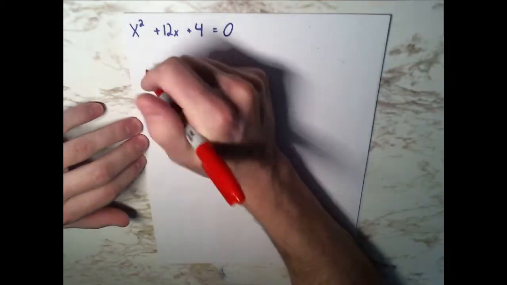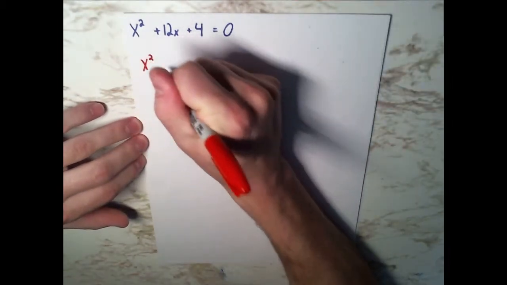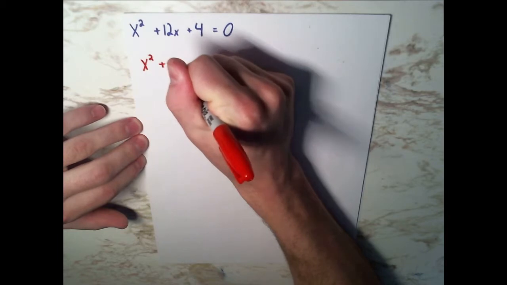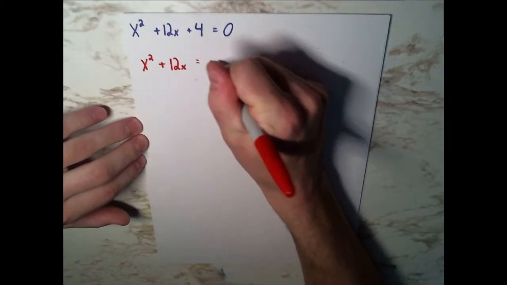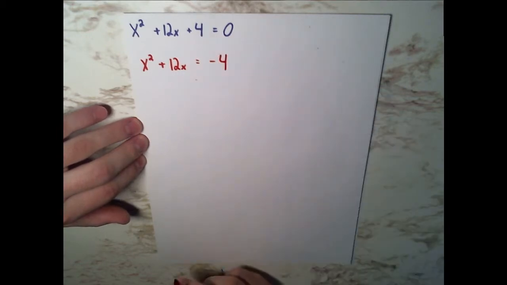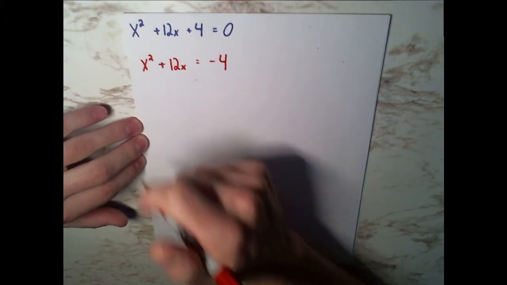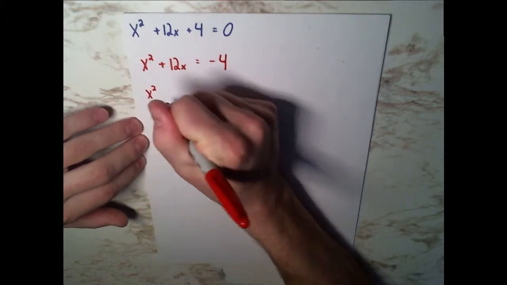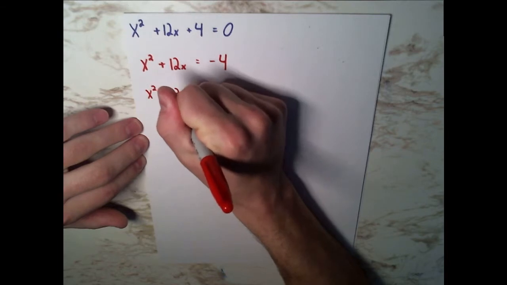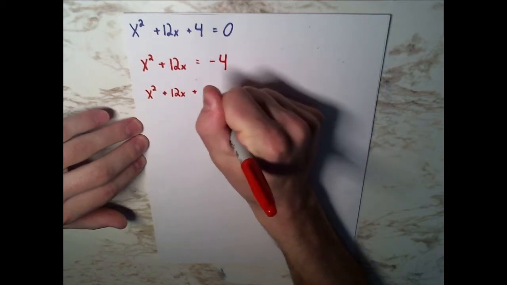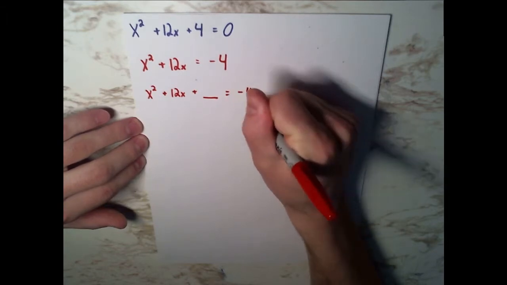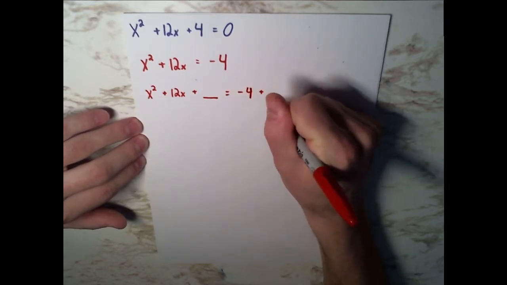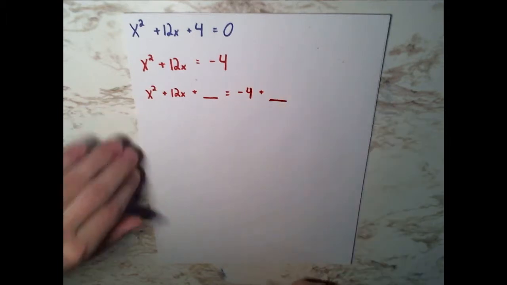So we want to move our c term over to the other side of the equation. We have x squared plus 12x, and we subtract 4 from both sides, so we end up with negative 4 on the other side. Now we want to add in our blanks, so x squared plus 12x plus some number equals negative 4 plus some number.